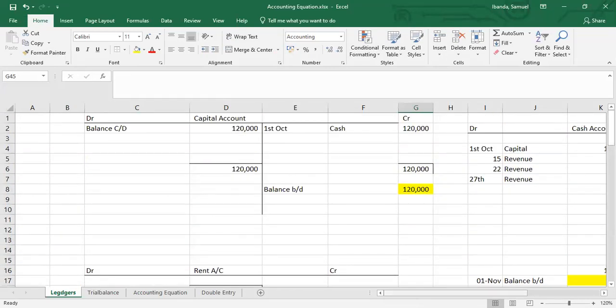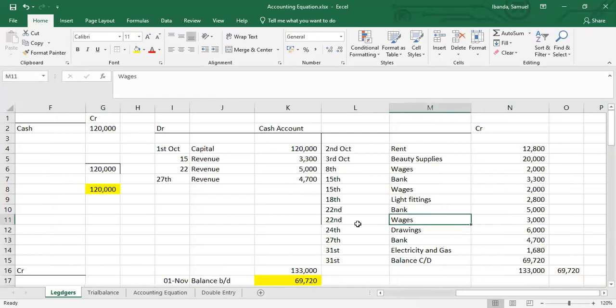Now, even in the cash, since those drawings are not there, we shall also not have these drawings, and it will totally change our figures. It means our balance brought down here, instead of being 69, will rather have to be 72.